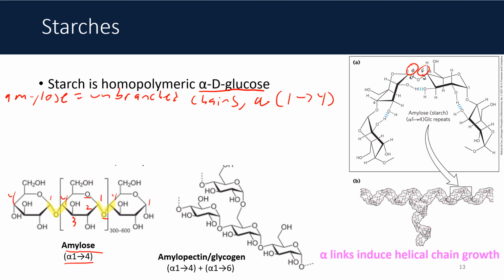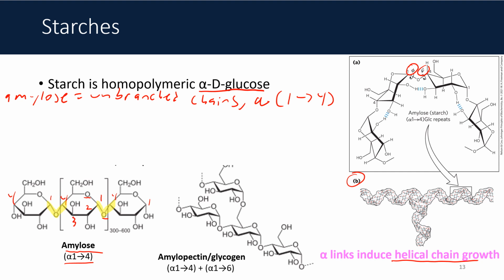And the preferred dihedral angles cause these amylose chains to adopt a helical chain geometry, which you can get a nice look at over here. It's not proper to call this an alpha helix. The alpha in alpha helix is different from the alpha in alpha-1,4 linkage, but they do have a common corkscrew-like geometry.